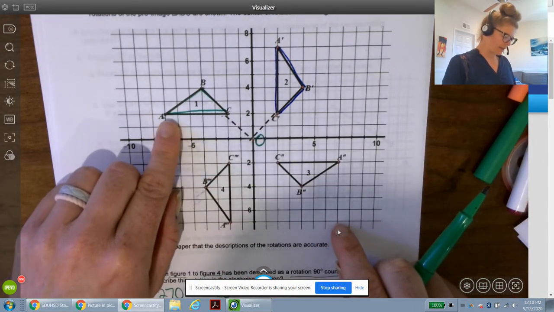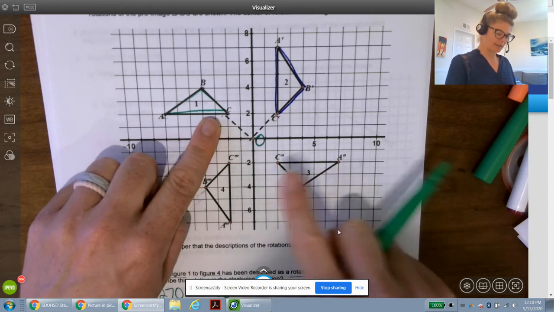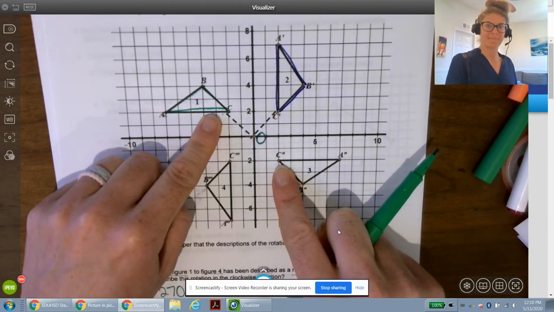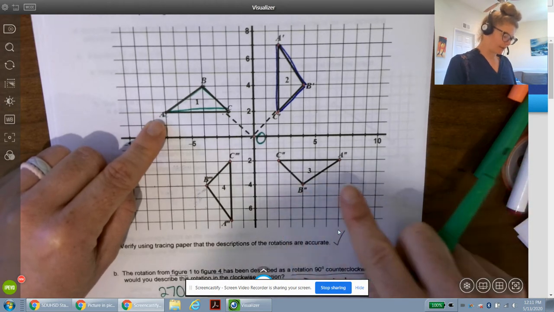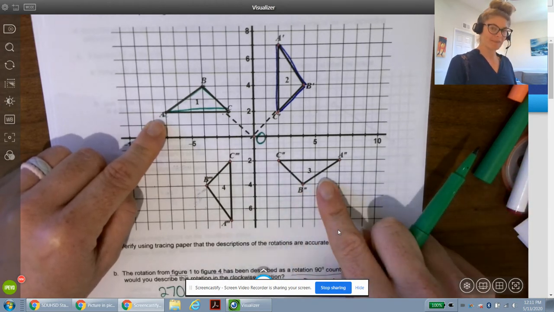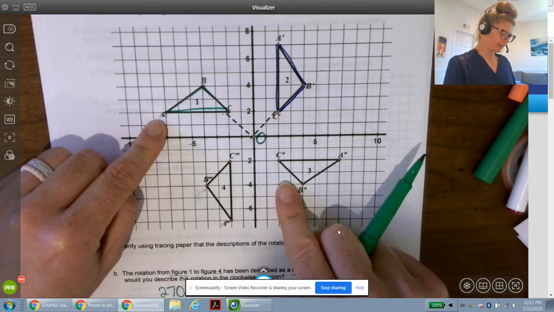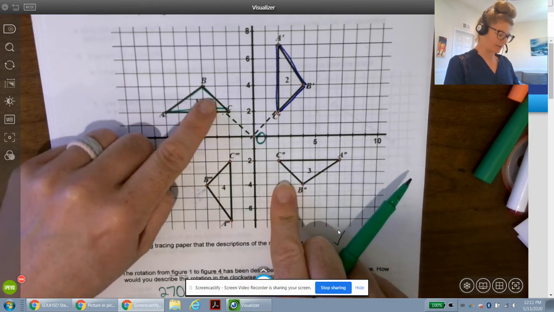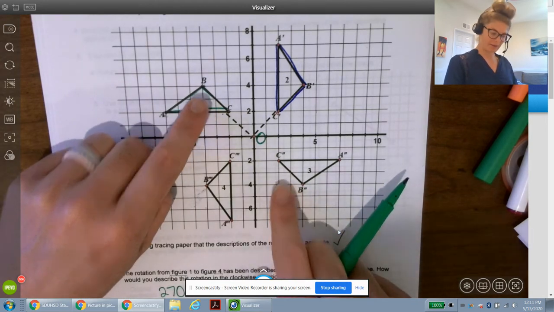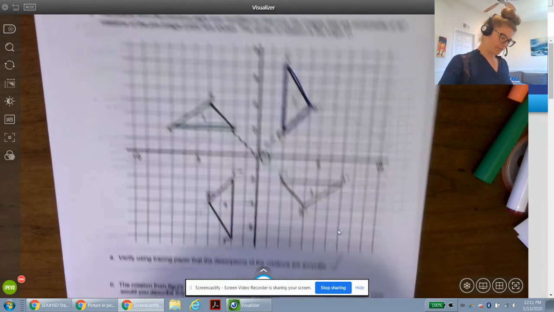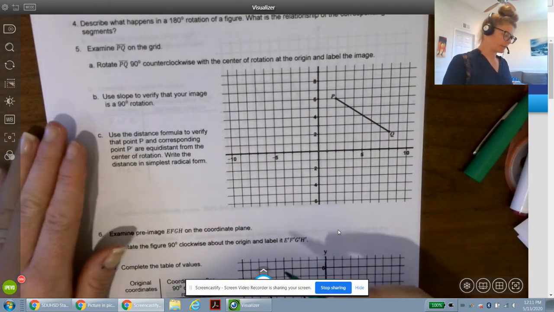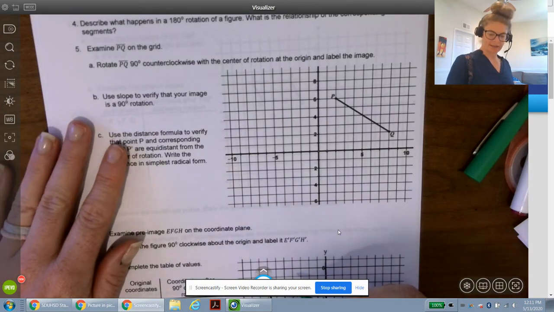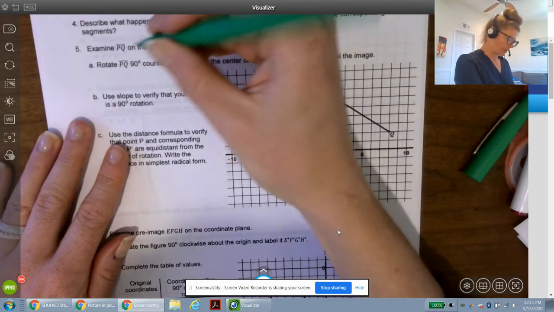And here, AC with A double prime, C double prime, parallel, they're both horizontal. AB with A double prime, B double prime, parallel. And C double prime, B double prime with BC, parallel. So going back, what is the relationship of the corresponding segments? Parallel.